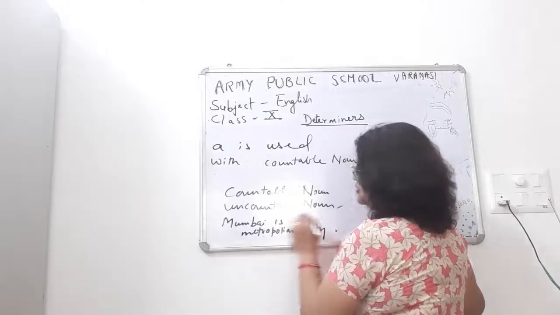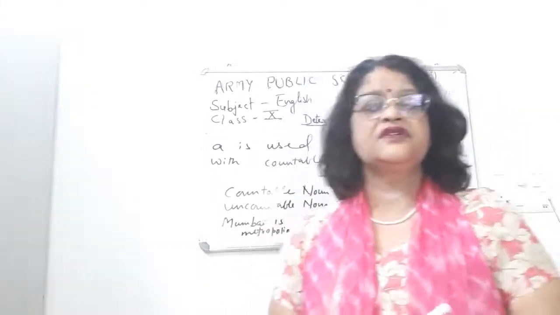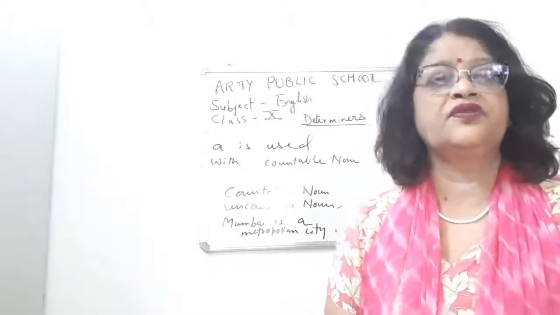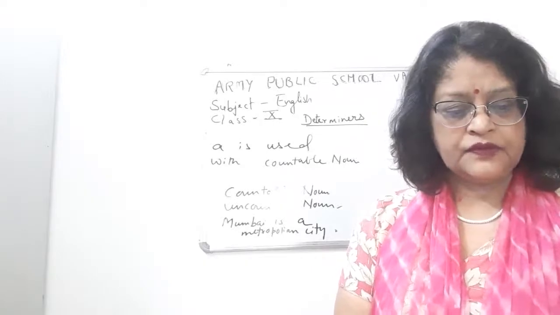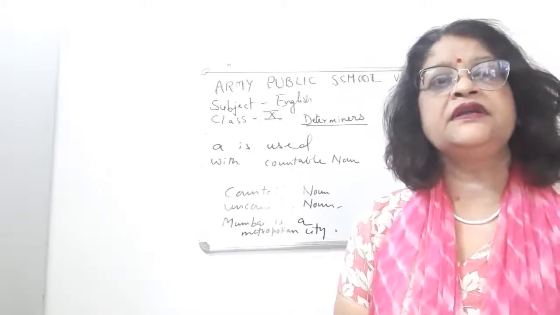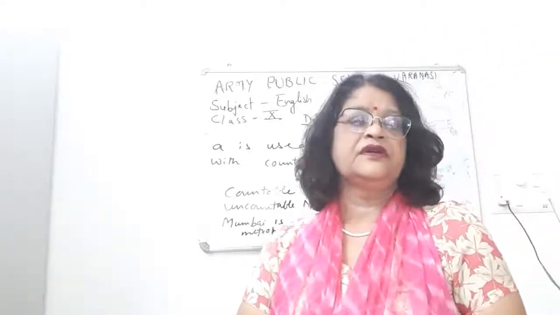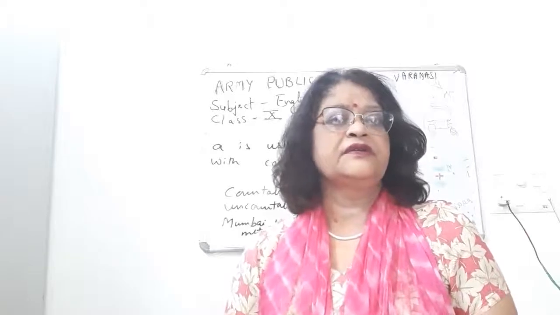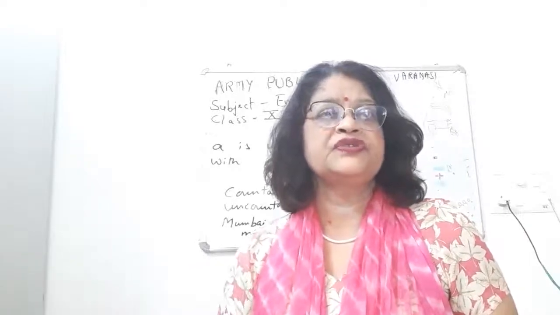Metropolitan city, children, is a countable noun, so we use a before the countable noun. Now children, a is also used with a profession. I'm a teacher. She is a doctor. So with a profession also we use a.